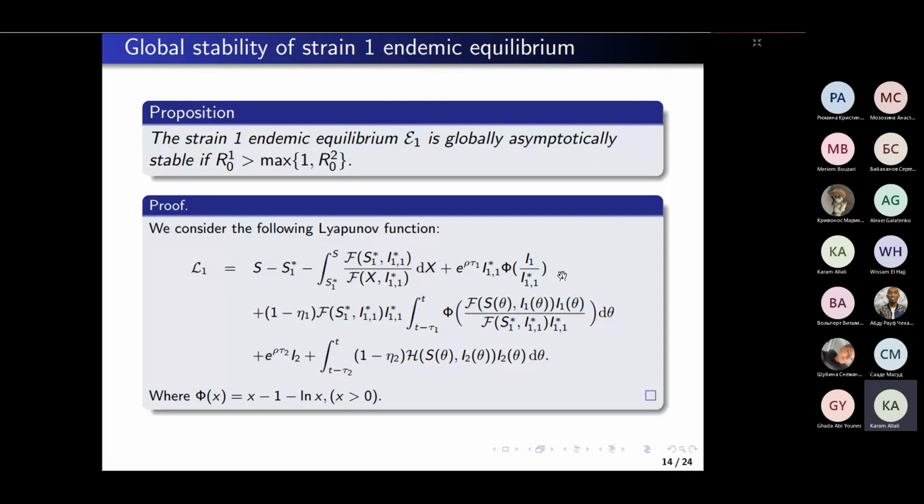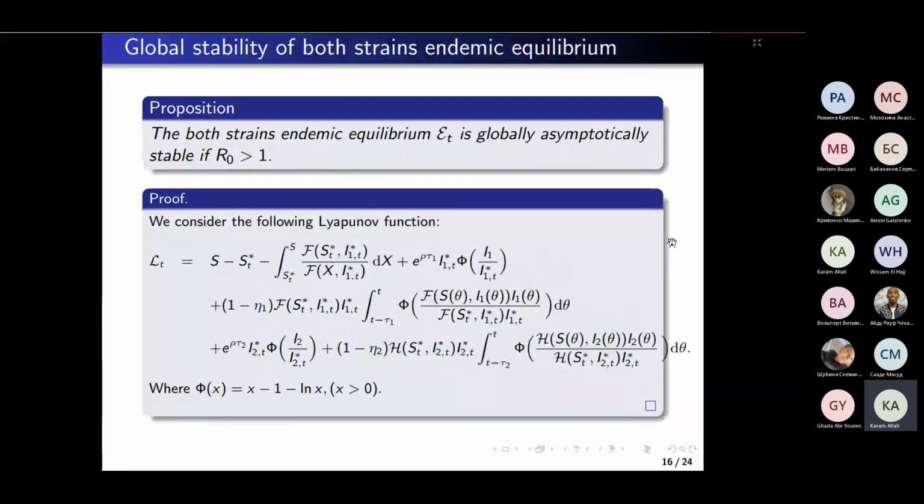the strain 1 endemic equilibrium E1 is globally asymptotically stable when R01 is greater than the maximum of 1 and R02. The strain 2, the same thing.